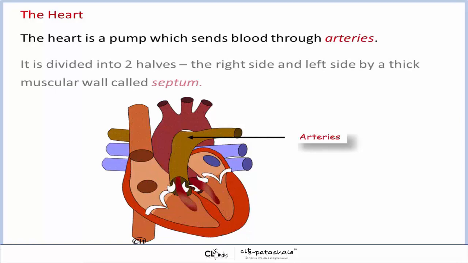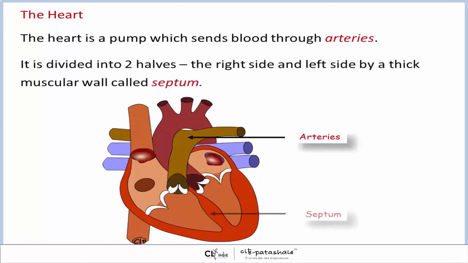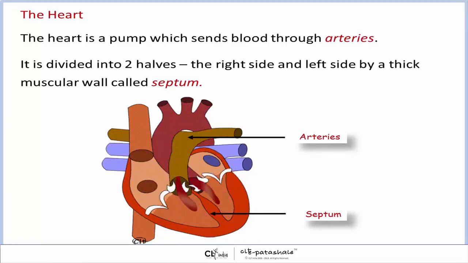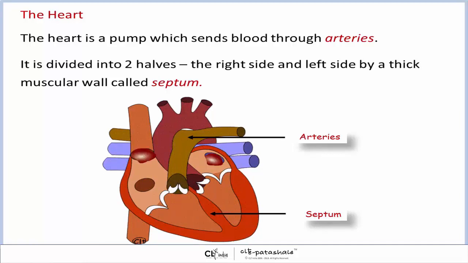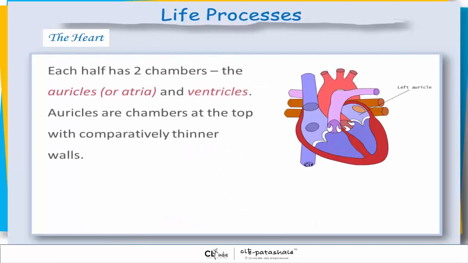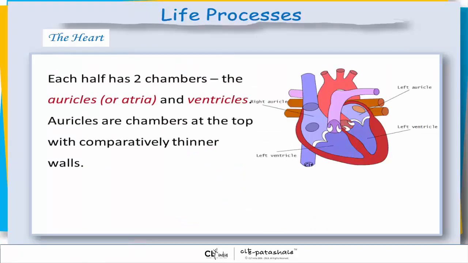The heart is a pump which sends blood through arteries. It is divided into two halves, the right side and left side, by a thick muscular wall called septum. Each half has two chambers, the auricles or atria and ventricles.